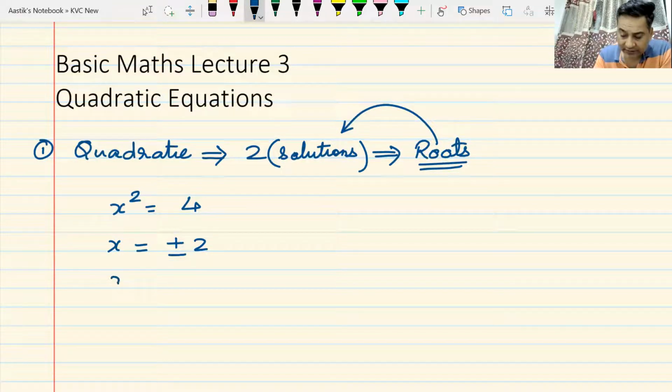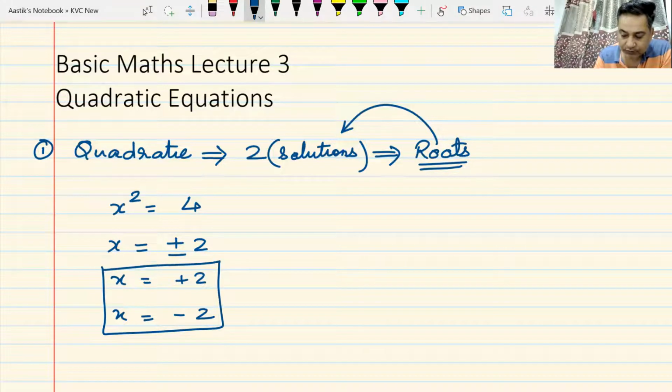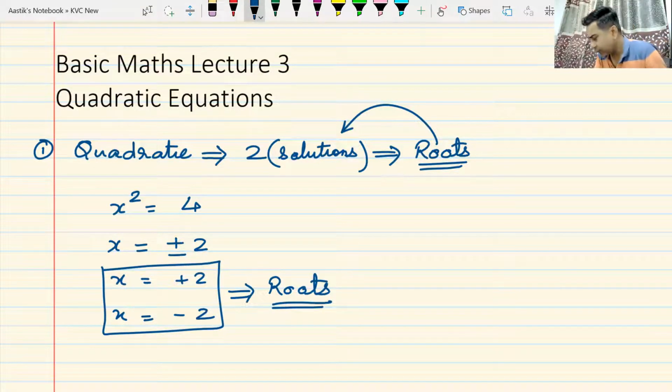You can write this as x is plus 2 and x is minus 2. These, x is equal to plus 2 and x is equal to minus 2, are known as the roots of the equation. Do we understand this? So this is the term that we are going to use.